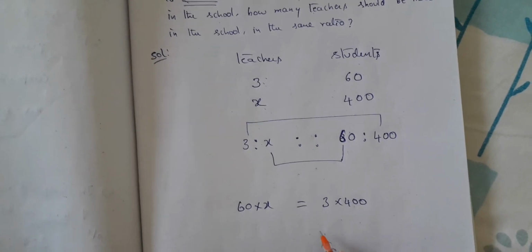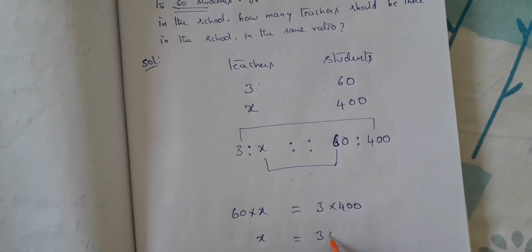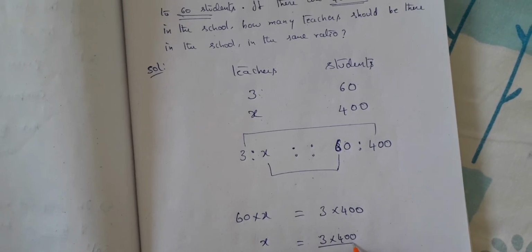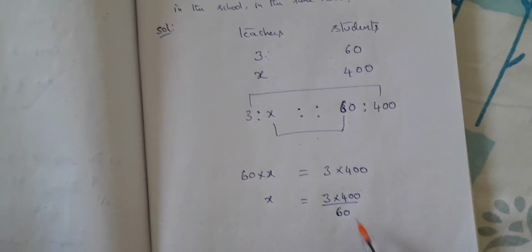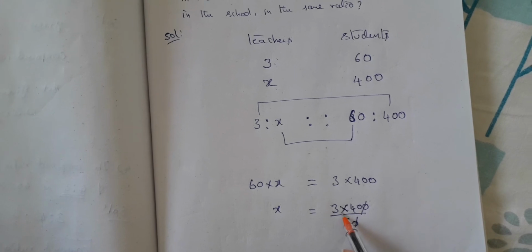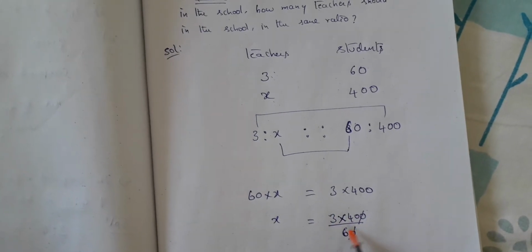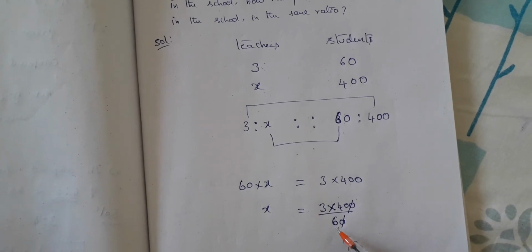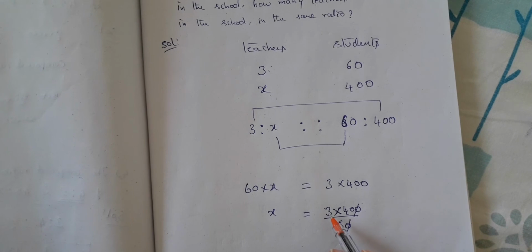Now x is equal to 3 into 400 divided by 60. Since it is multiplication here, we get it as a division. The zeros will cancel here. If it is multiplication, you have to find the numerator first and then divide with the denominator.